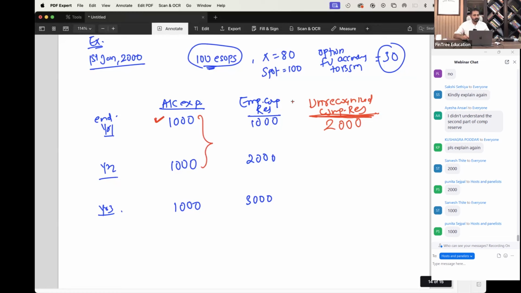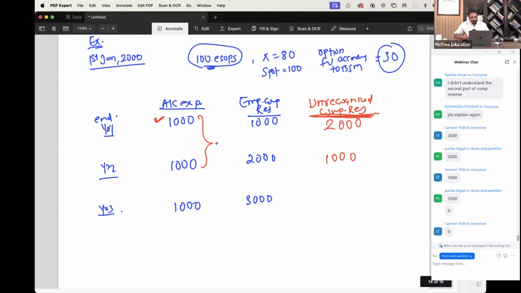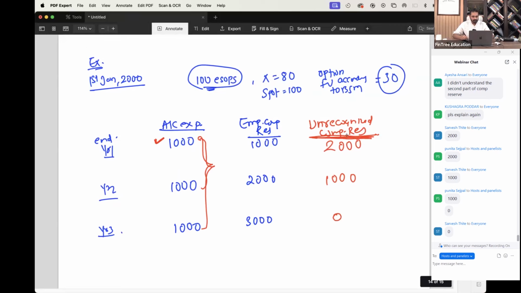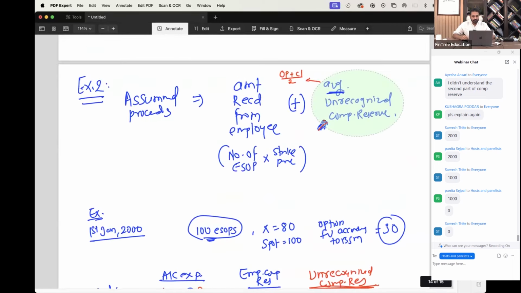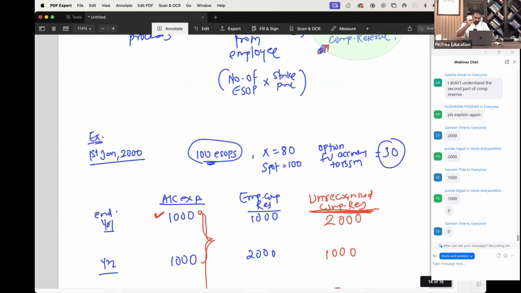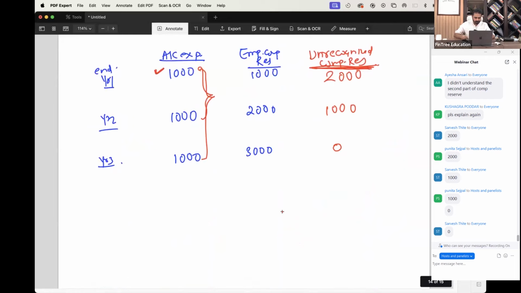So how much is left? 1,000. Third year, total expense is 3,000. I've recognized how much? 3,000. How much is left? 0. This is unrecognized comp reserve. I have to take an average of these amounts, and that average of these amounts will go in here. Okay, so I'll do an example for you so you'll understand.